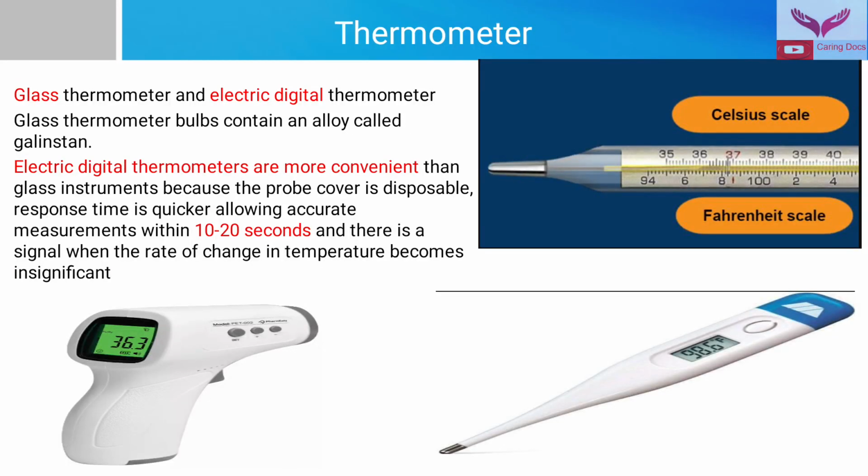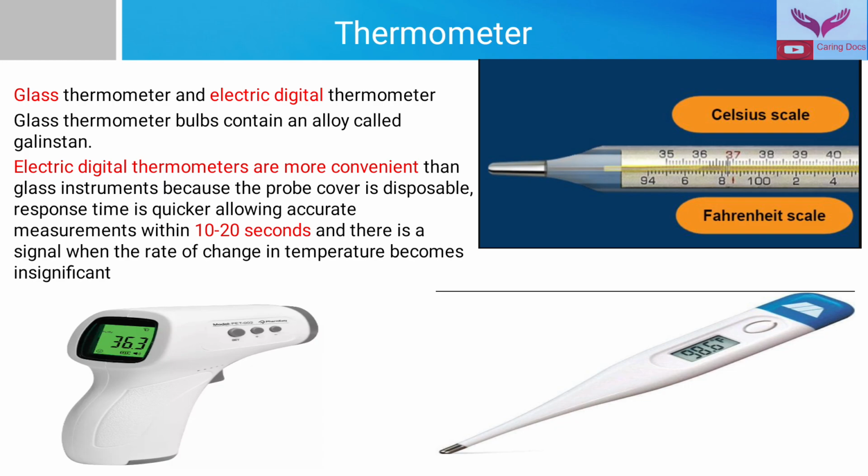Coming to thermometers. Thermometers are either glass thermometers, electric digital thermometers, or infrared thermometers. In a glass thermometer, the bulb contains an alloy called galinstan. Electric digital thermometers are more convenient than the glass instrument because the probe cover is disposable and response time is quicker, allowing accurate measurement within 10 to 20 seconds.